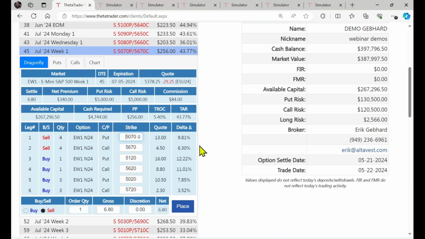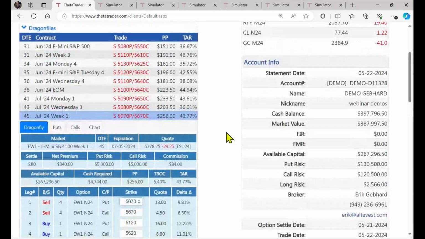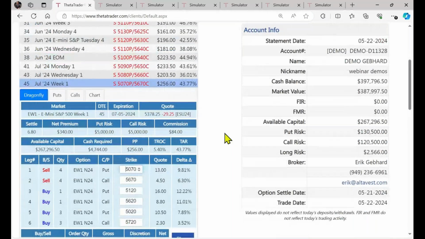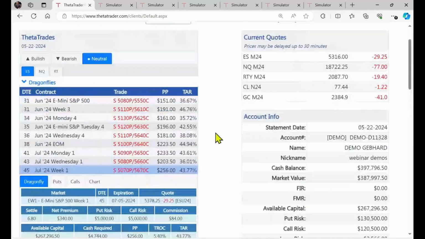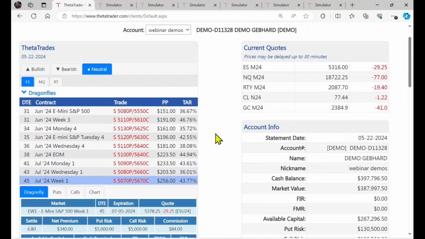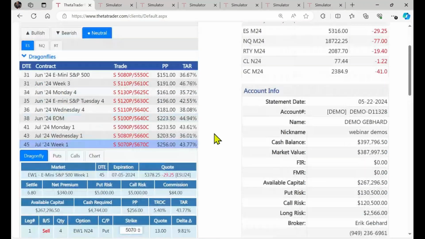So that's sort of the anomaly I wanted to point out. The Russell Dragonflies now are generating an equivalent maximum profit potential, but your cash required with the Russell is, I would say, close to 50% less. So that's why I wanted to point that out. And we kind of like the Russell right now. It's being overlooked. And I'll go ahead and show you a couple other trades here on the simulator.